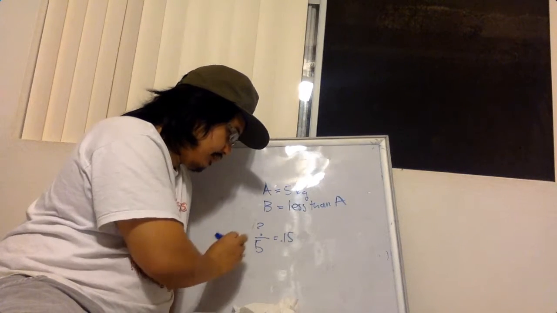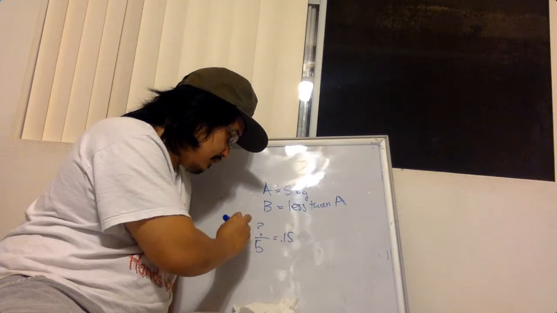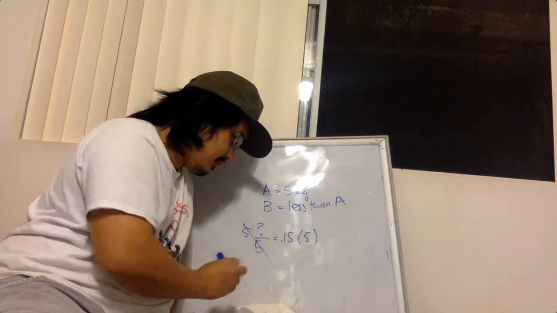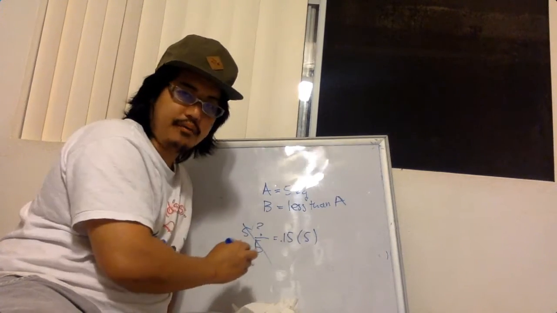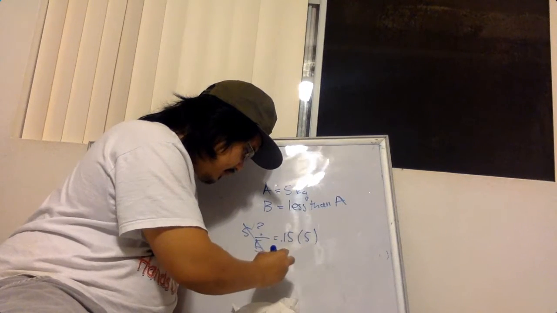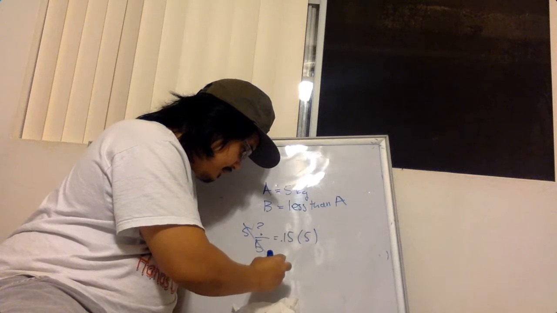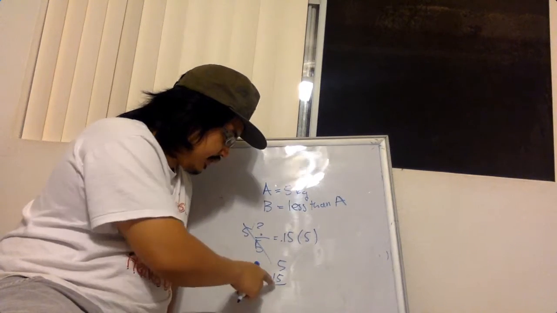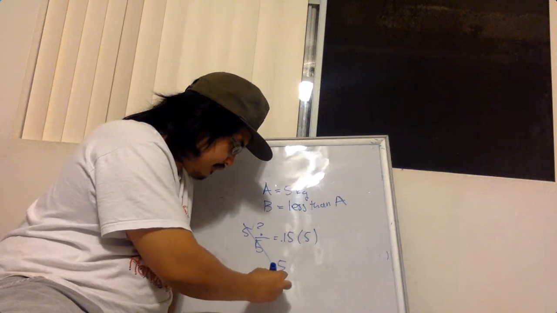I'm going to get rid of this 5 in the denominator here. 0.15 times 5. All right, I'll do that on the side over here. 5 times 0.15. So 5 times 5 is 25.